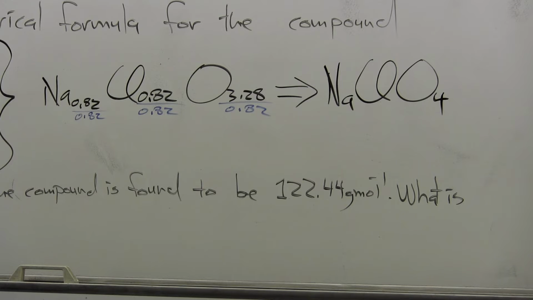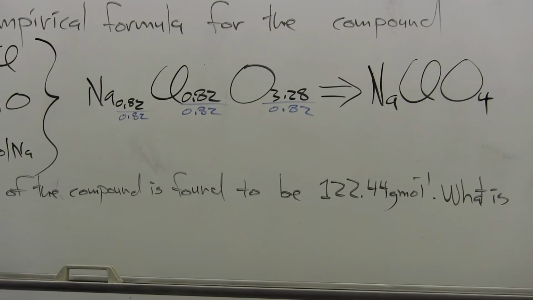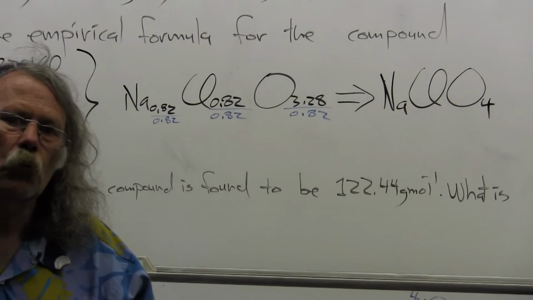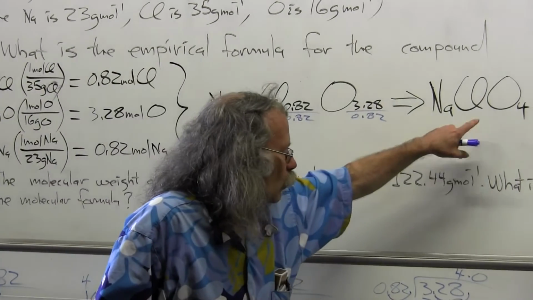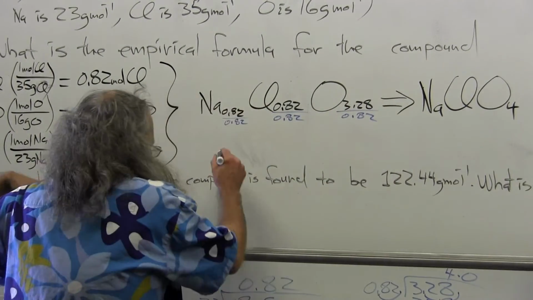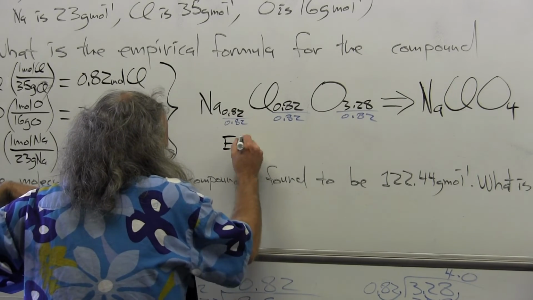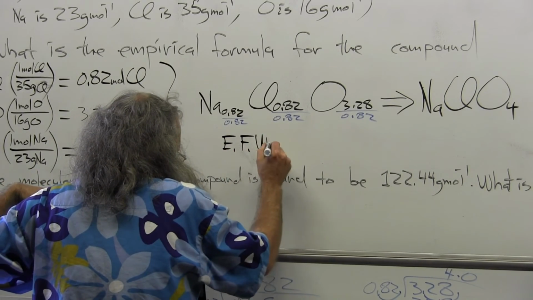NaClO4. And while we're at it, although it's not required explicitly in the problem, so we can have the next part of the problem work out more effectively, I want to find out the empirical formula weight, just for what's coming up. So I'll go empirical formula weight.